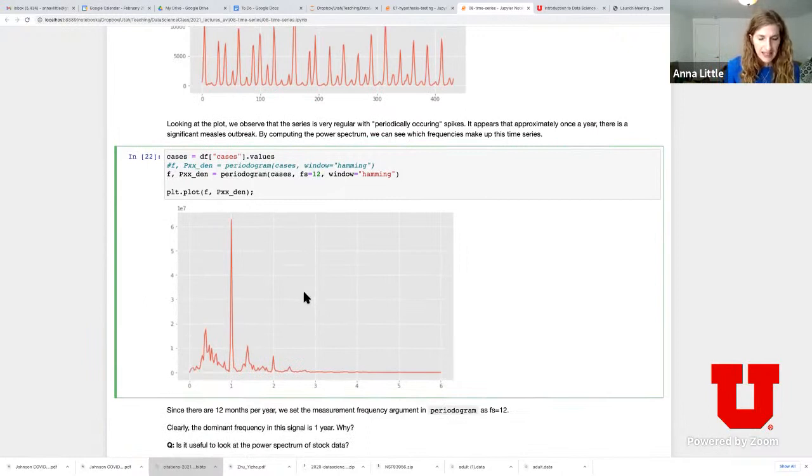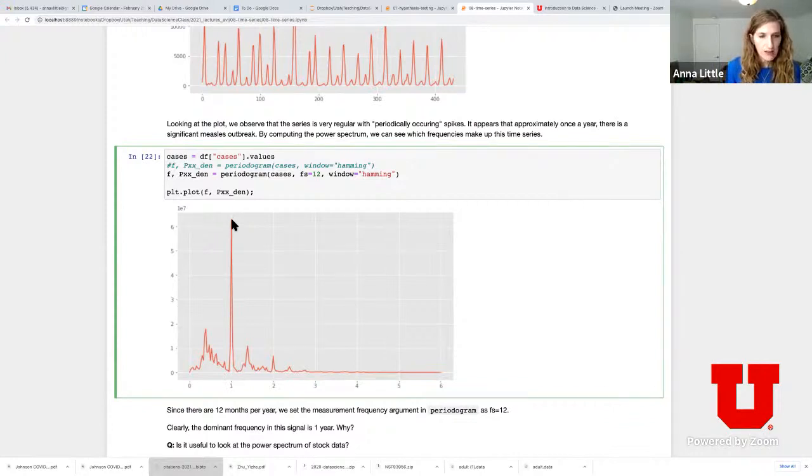Okay, and now let's take a look at the periodogram. So you can see that there are a number of different frequencies in this data, but you see a really strong response at 1.